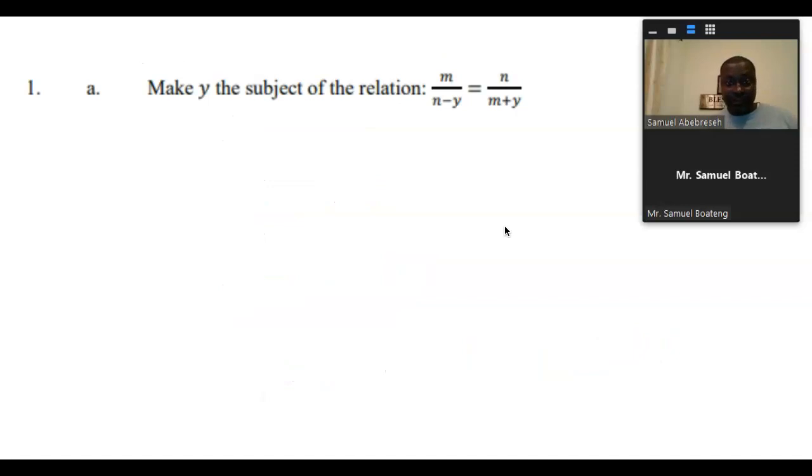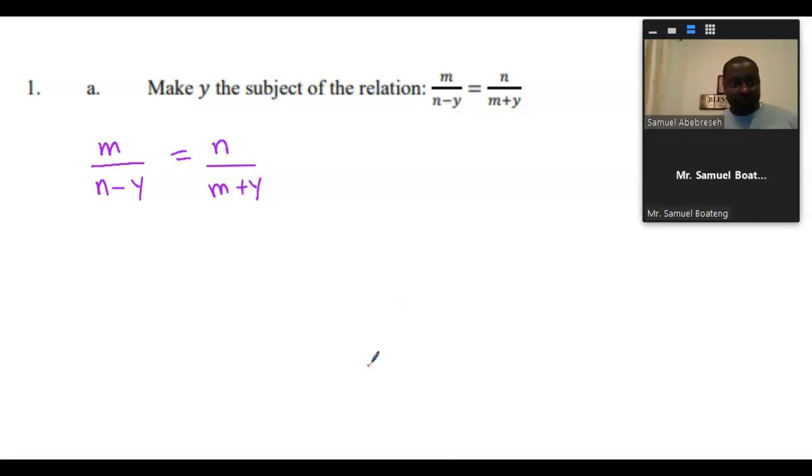Our next question is, make Y the subject of the relation M over N minus Y equal to N over M plus Y. Two expressions here, one on the left-hand side, another on the right-hand side of the equal sign.